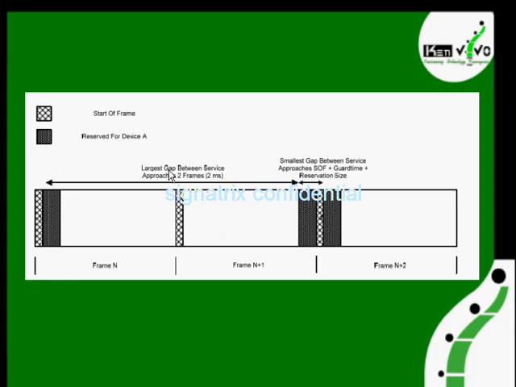Now, the largest gap between the service approaches 2 frames. This is the first frame, second frame starting, third frame starting.